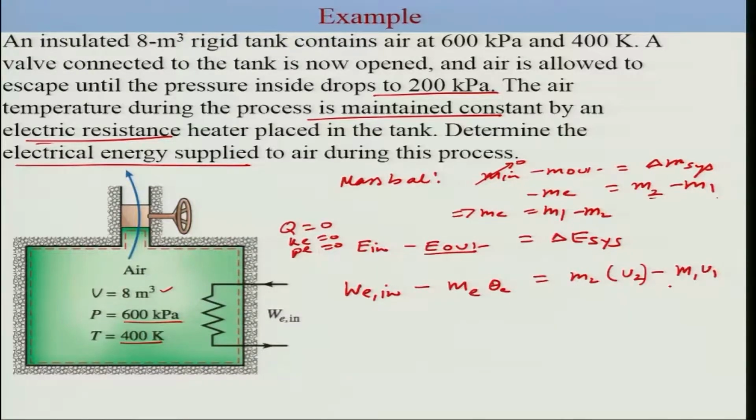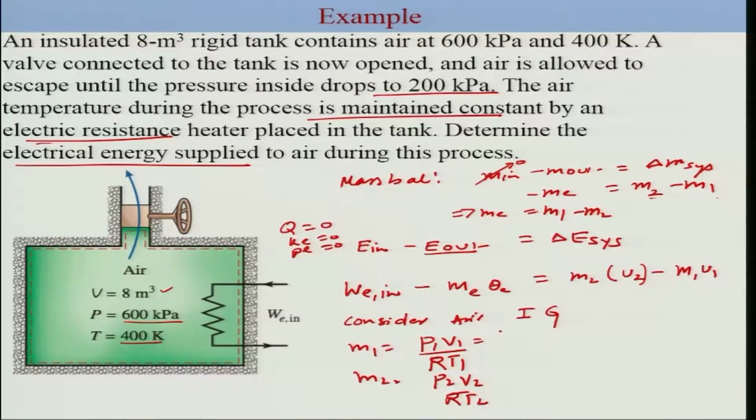Now we need to find out first of all what are m2, m1 and m_e. So we will consider air as an ideal gas, and hence m1 should be simply P1 V1 by R T1, and m2 is nothing but P2 V2 by R T2. So let's see what is P1.